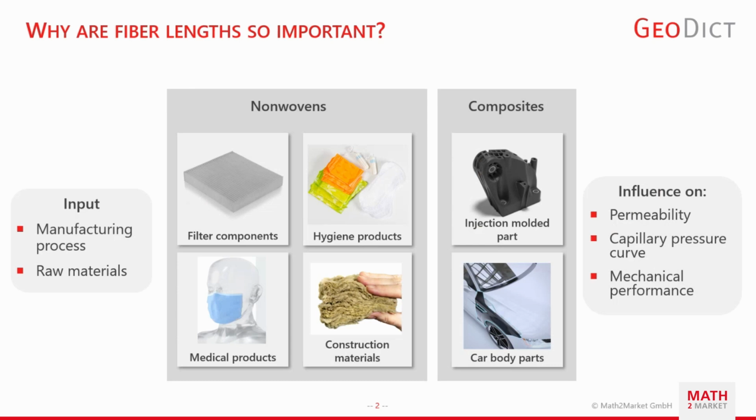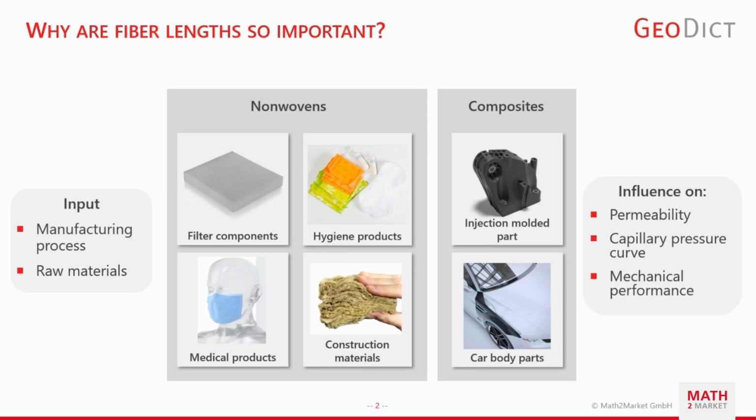Well, first of all, why are fiber lengths so important? Well, fibrous materials occur in a lot of different types of materials: fiber media, insulation materials, medical products. We already heard about hygiene products earlier today, but also in composite materials for injection molded parts in cars and many other applications.